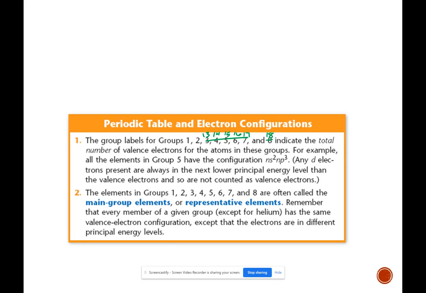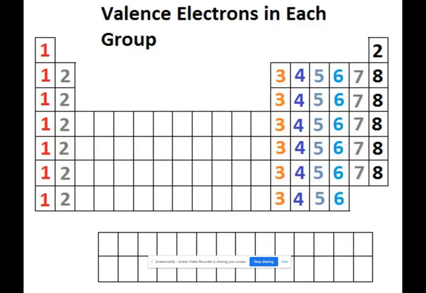This was an old numbering system. Elements in the same group always have the same amount of valence electrons. So for example, everything in group 5 is going to have something s2p3. It might be 2s2, 2p3, 3s2, 3p3, but it's always going to have s2p3. It's always going to have 5 valence electrons.